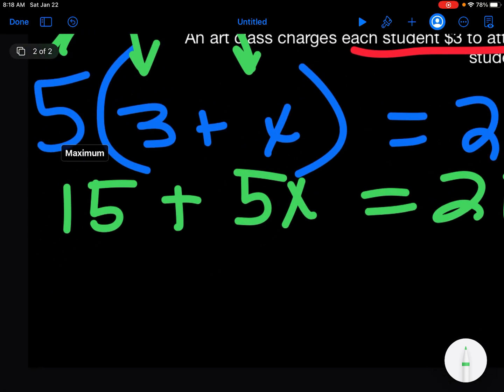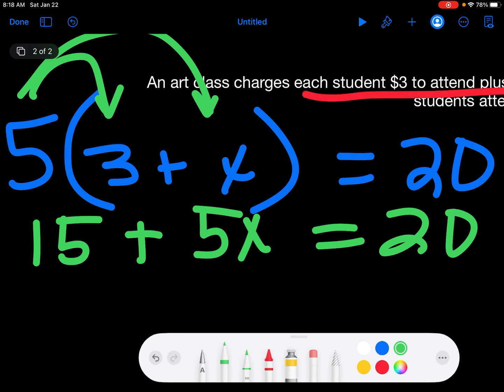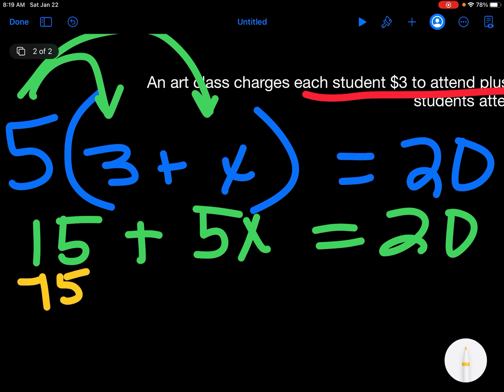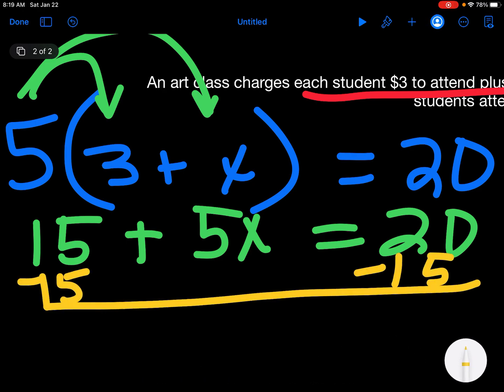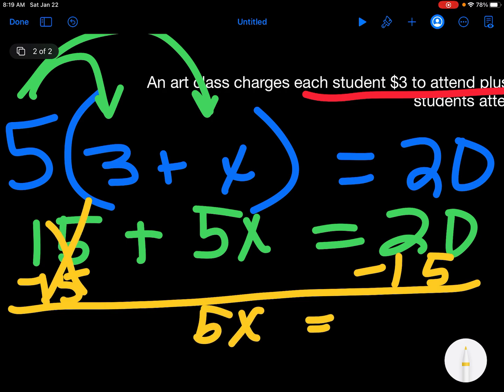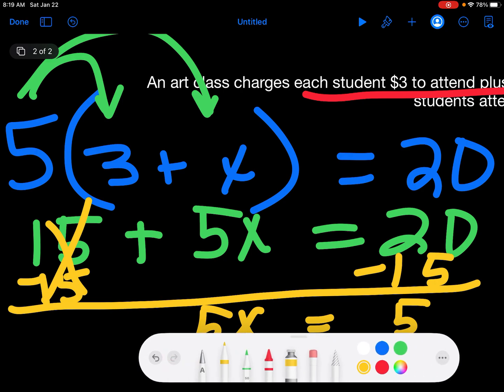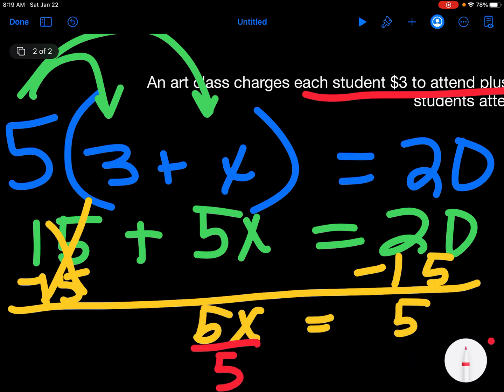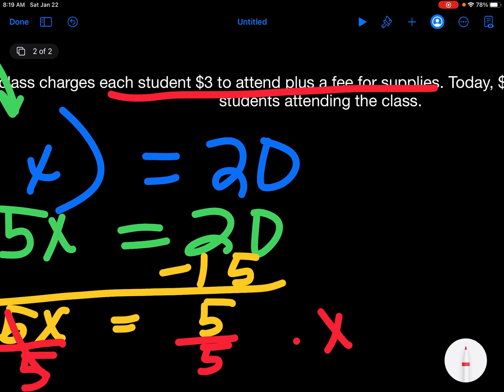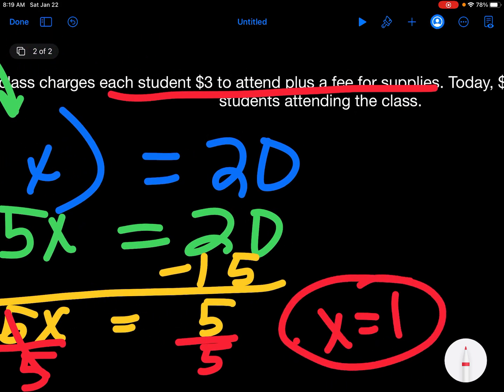So I'm going to start by subtracting off my constant. And I get 5x equals 5. Then I'm going to divide by my coefficient. So what does this represent?